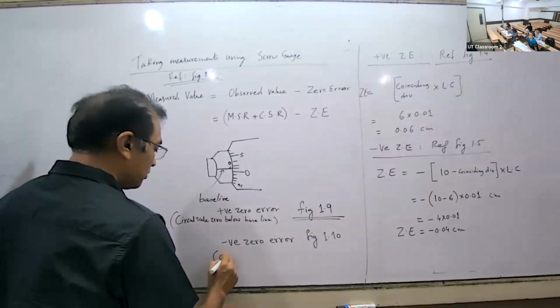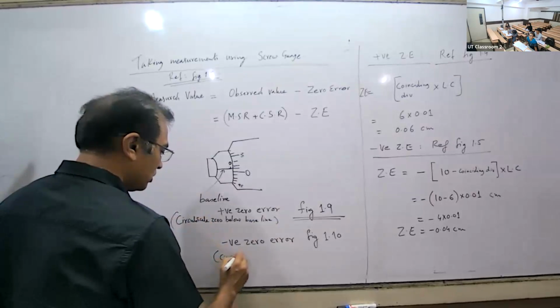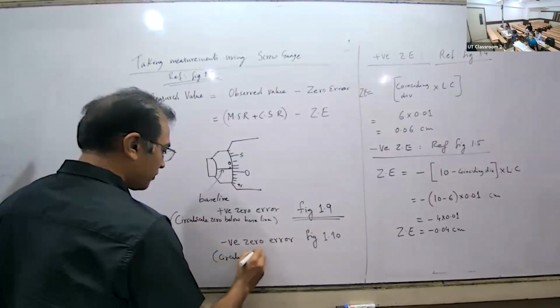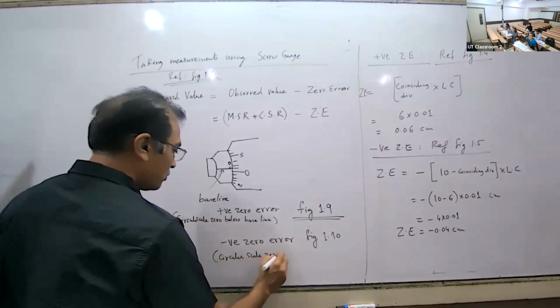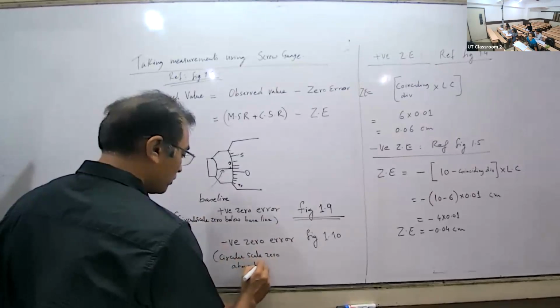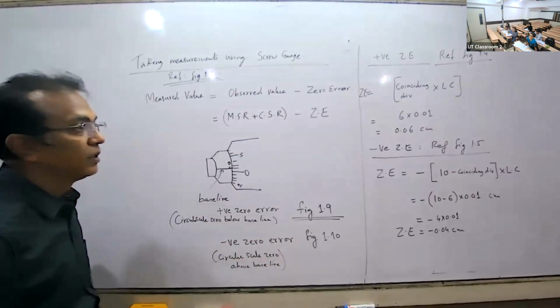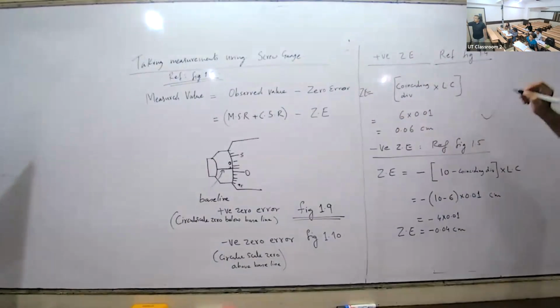In this case, the circular scale zero is above the baseline, and it is negative zero error. So positive zero error will be calculated by the same method.